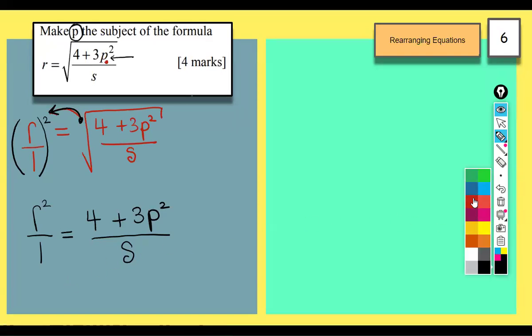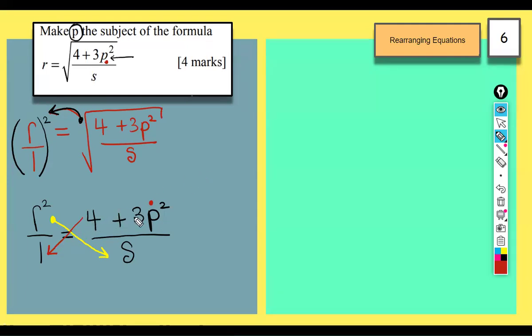Remember, we have 2 diagonals here. We have the yellow diagonal to cross multiply, and we also have the red diagonal to cross multiply. Now, if you're trying to solve for the letter P or make P the subject, always cross multiply that diagonal first. Always, it will make life easy.